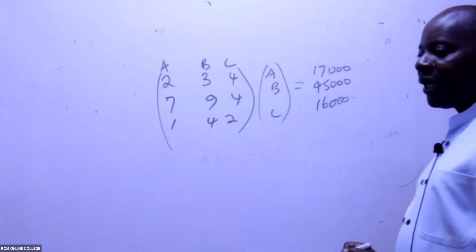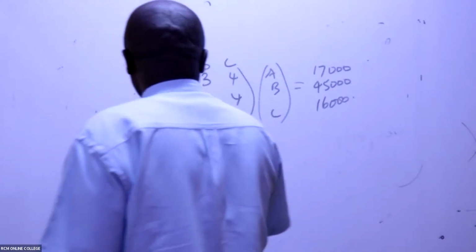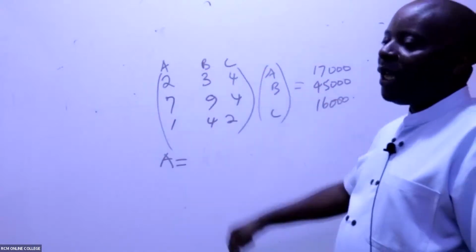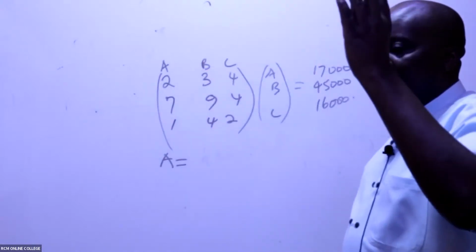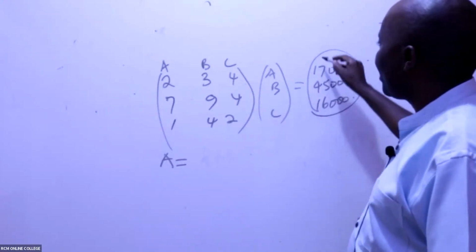Now, ladies and gentlemen, I want us to get the value of A. So if I want us to get the value of A out of this, the column of A will disappear. In its place, we shall be able to have this replacement.